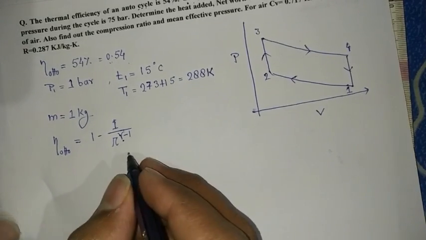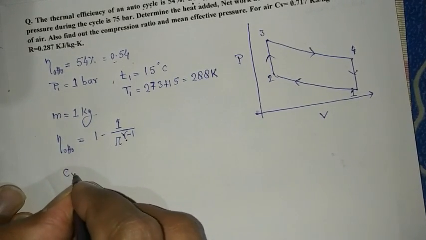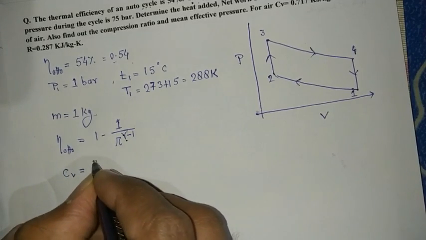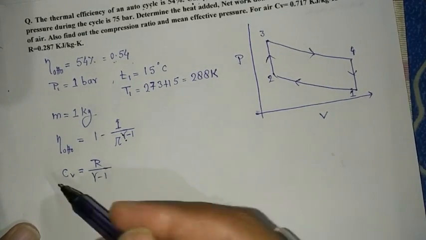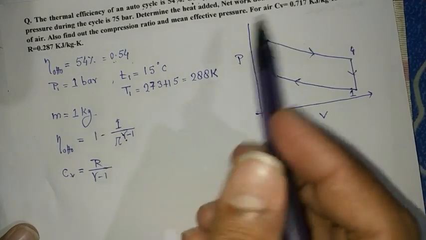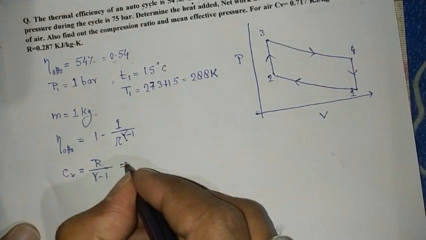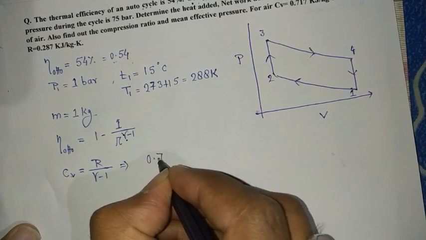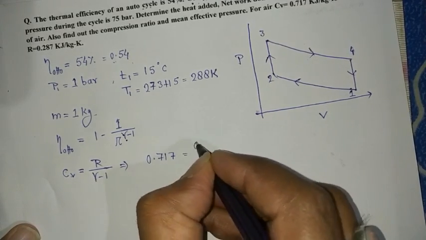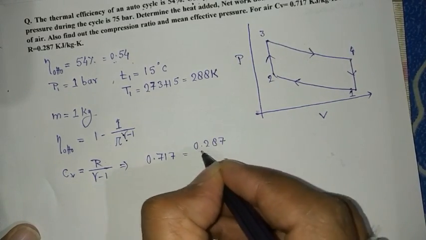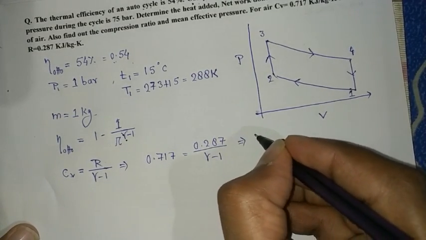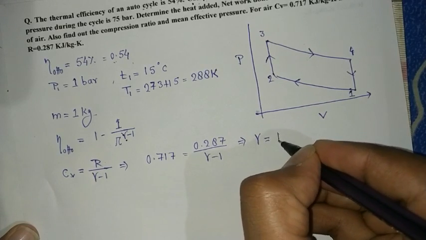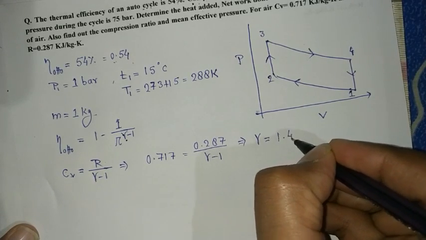Okay, so for gamma we know that Cv is equal to R over gamma minus 1, and for air the values of Cv and R are given in the question. So we can put 0.717 is equal to 0.287 divided by gamma minus 1. So from here, if we calculate, gamma is equal to 1.4.